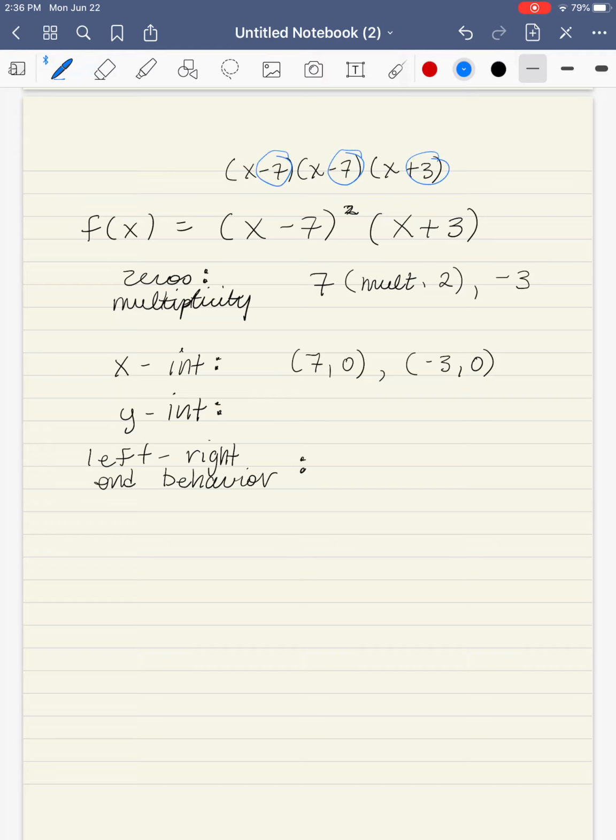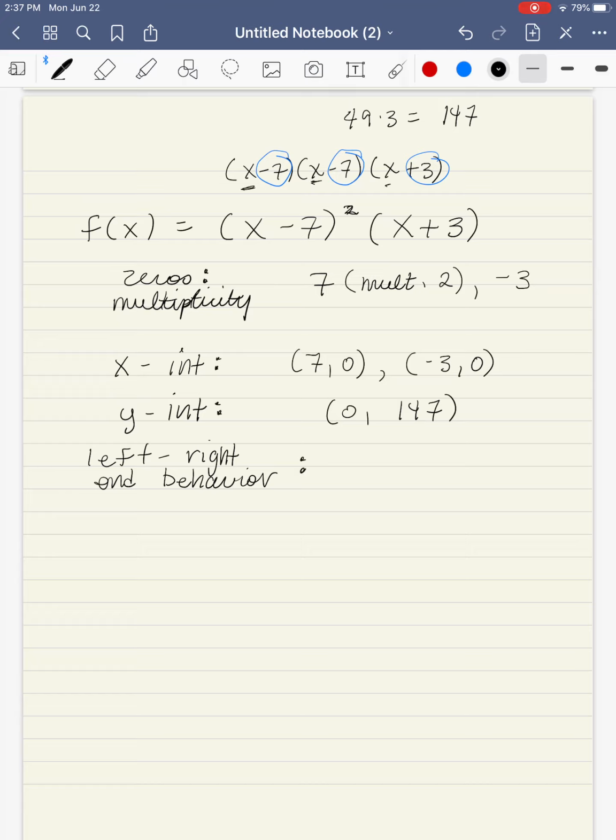If I were to multiply this whole thing out, my constant would be negative 7 times negative 7 times positive 3. 49 times 3. Let me just do that on my calculator real quick. 147.